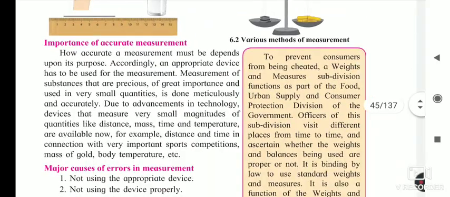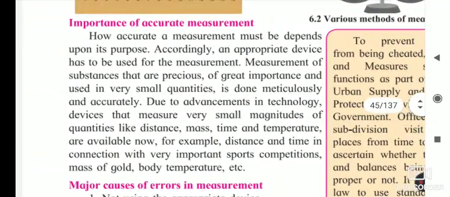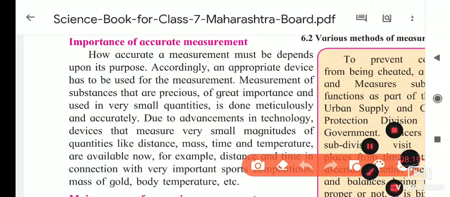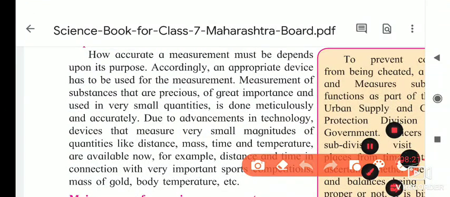Now, the importance of accurate measurement. Why is accurate measurement very important? The reason is that how accurate a measurement must be depends upon its purpose, and appropriate devices have to be used for the measurement. Measurements of precious substances are important.